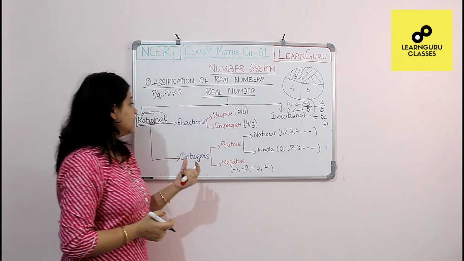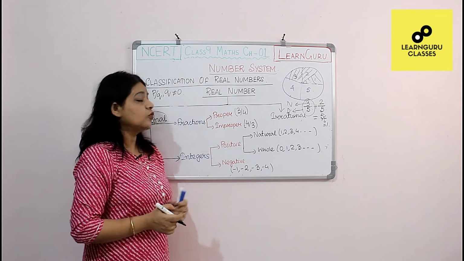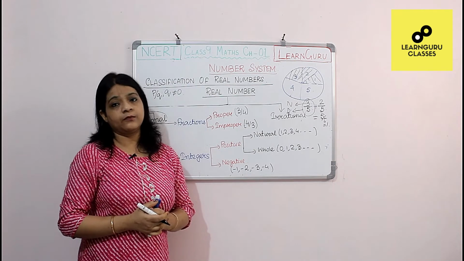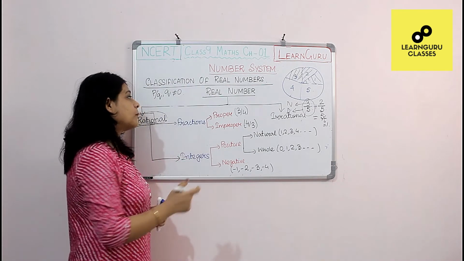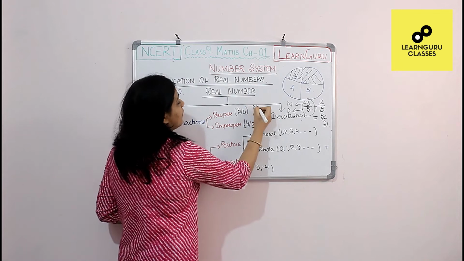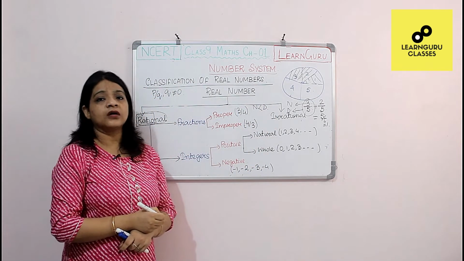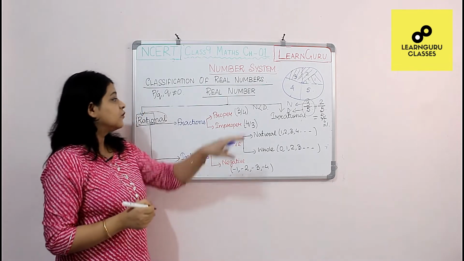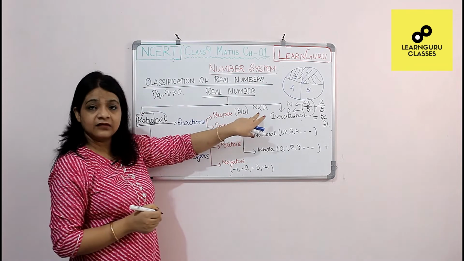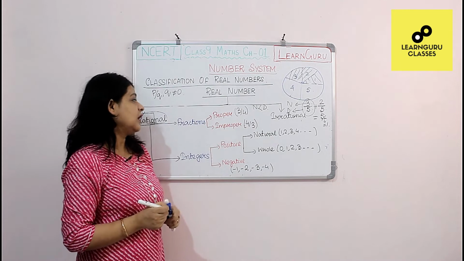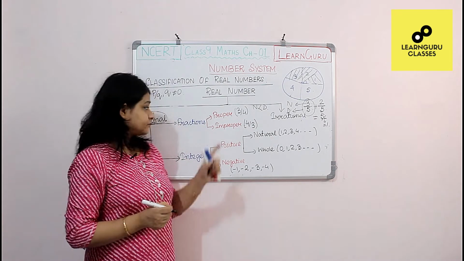So based on this, fractions are divided into proper fractions and improper fractions. So what is a proper fraction? When the numerator is less than the denominator, it is called a proper fraction. So you see here 3 is less than 4, so it is called a proper fraction.